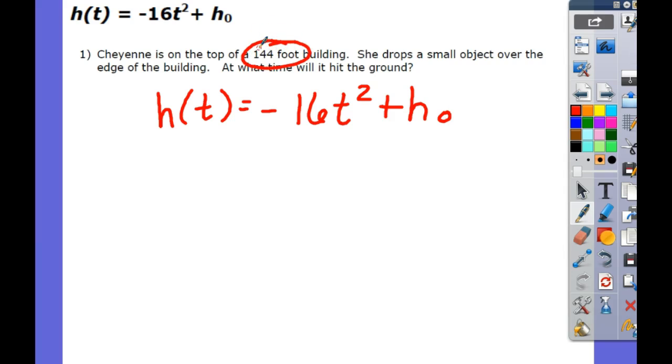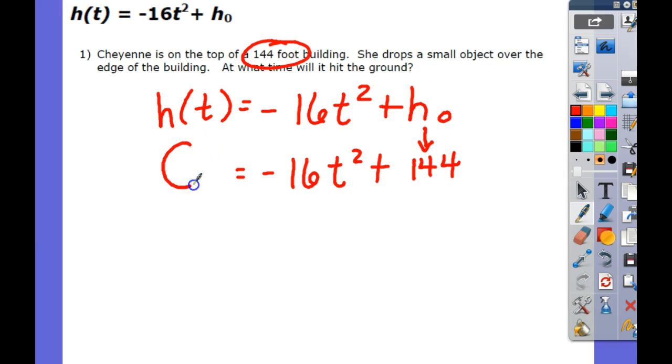Will we all agree that that's a height? Is that the height where it started or the height where it ended? And so this is going to be the 144-foot number. Where's it going to end up? If it hits the ground, what is the height on the ground? Do you know? If it's on the ground, it would be 0 height above the ground.